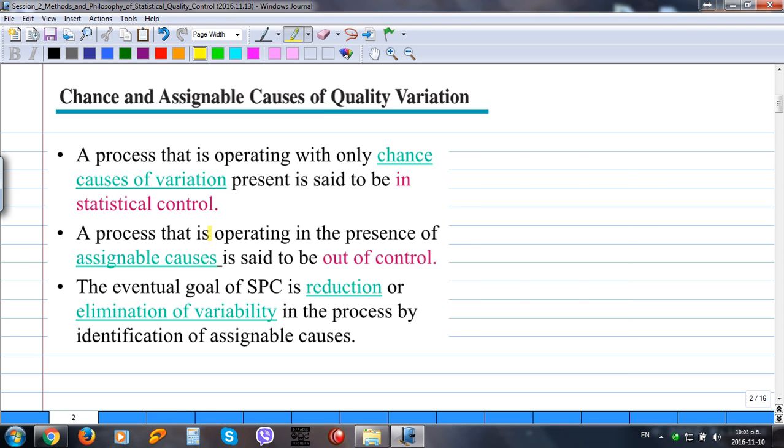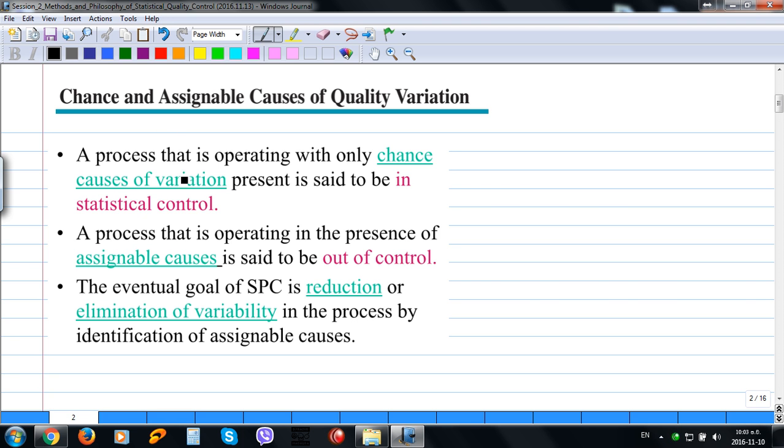Then, chance and assignable causes of quality variation. A process that is operating with only chance causes of variability present is said to be in statistical control.